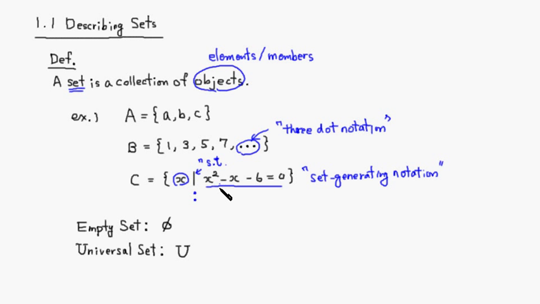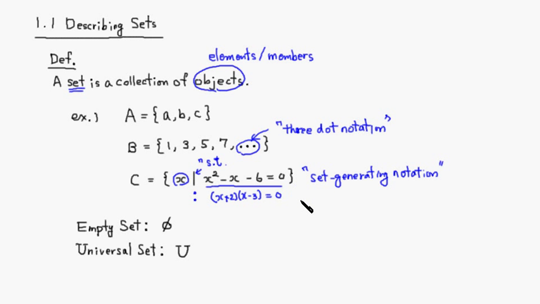So if you solve that, actually we can factor this out. So this would be (x + 2)(x - 3) = 0. So x = -2 and x = 3 would be the solutions of this equation.